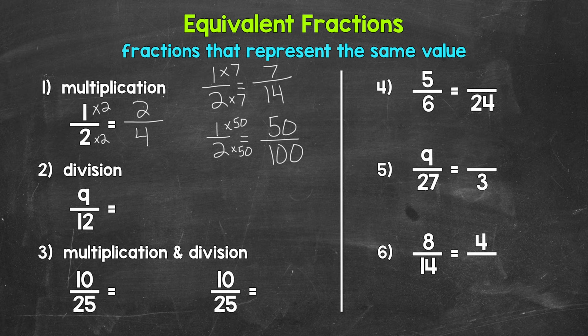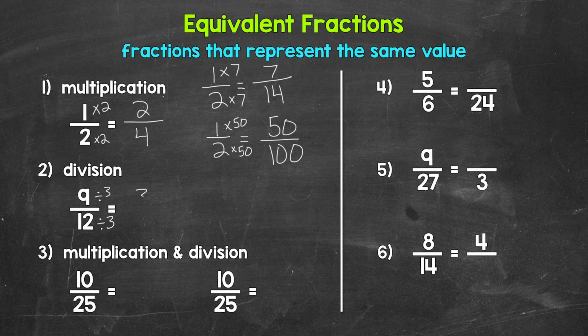So we need to find a number that we can divide both our numerator and denominator by other than 1. So do we have a number that we can divide both 9 and 12 by without getting a remainder? Yes, 3. So we can divide both 9 and 12 by 3. And that will give us an equivalent fraction here.